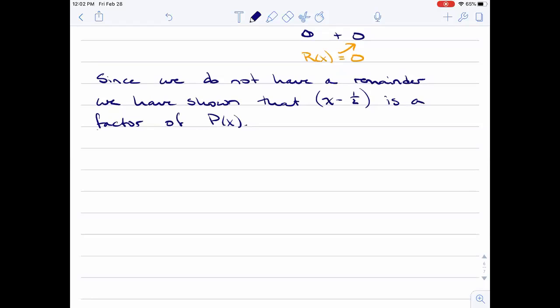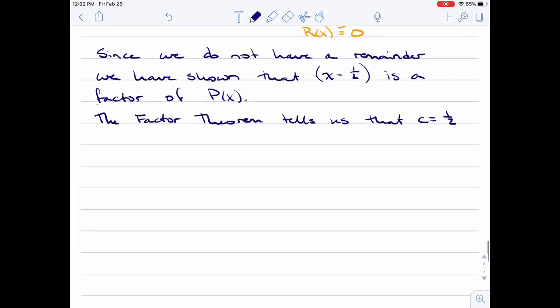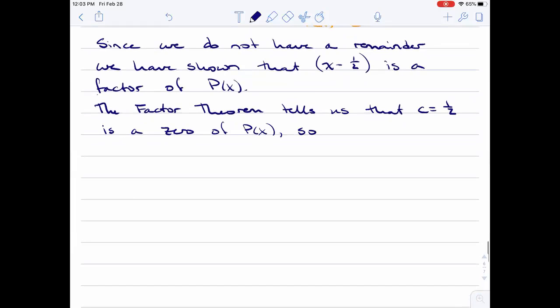So from here, the factor theorem tells us that c equal to 1/2 is a 0 of p of x. So p of x crosses the x-axis at x equal to 1/2.